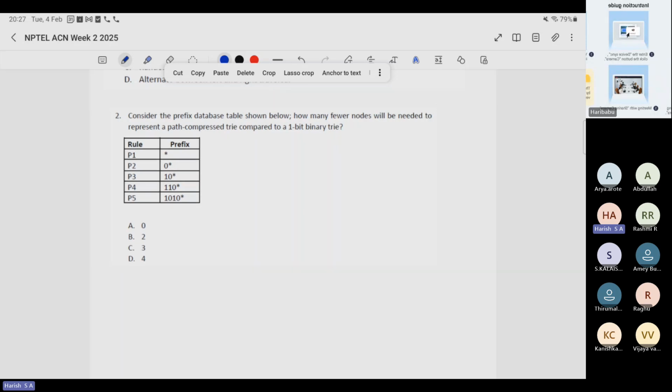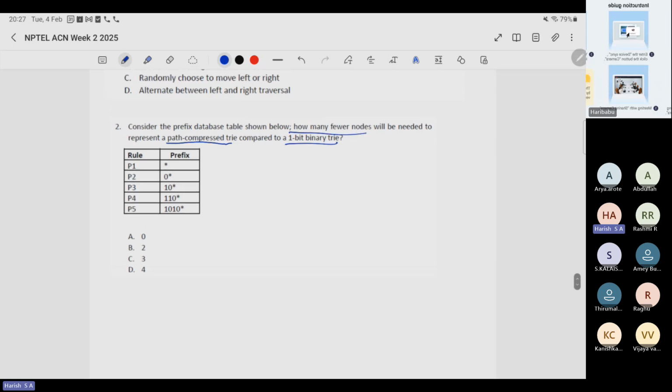So because they're asking for a comparison between path compressed trie and 1-bit binary trie, you don't have a choice. You basically have to draw and then compare and then see. So the question is, how many nodes are lesser is what they're asking. The number of nodes that are less. So let's give it a shot.